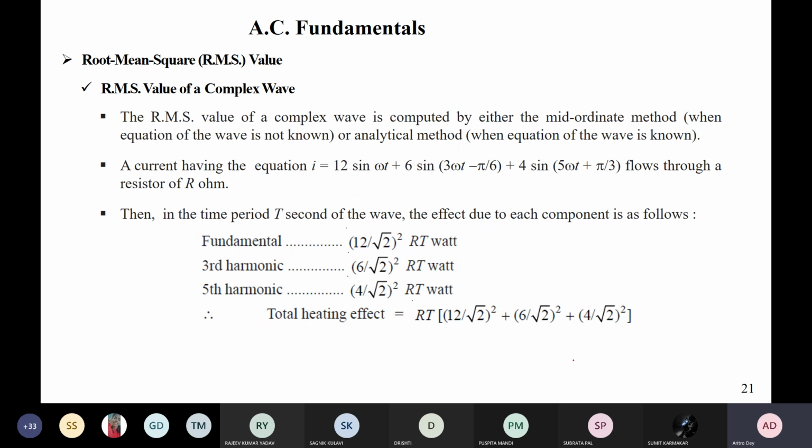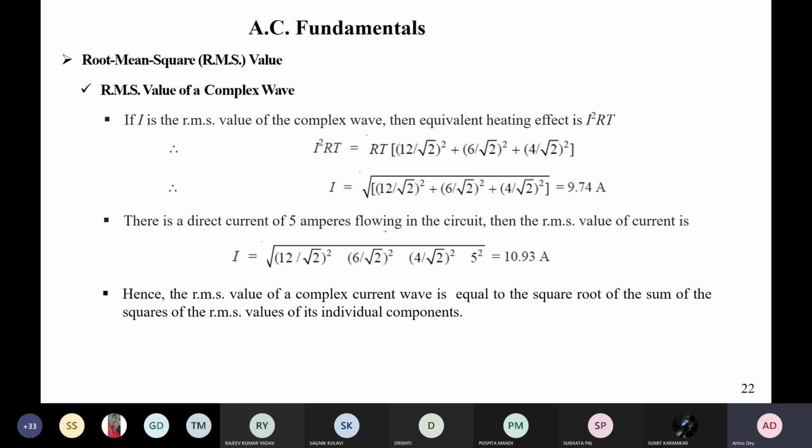So if you have a complex wave with your harmonics, here we can see that our fundamental frequency is omega. Then we are having 3 omega t, 5 omega t, and those also have some phase difference. So whenever we get such an expression, we can find the RMS value like this. You can take the peak value of each sinusoidal component and then take 1 by root 2 of that, square it, and then you have your effective heating effect.